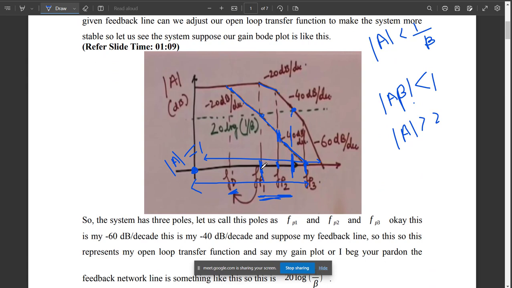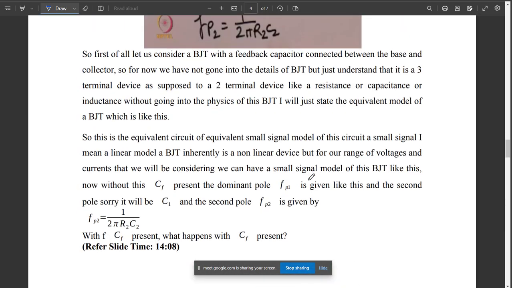Using Miller compensation, there are two pole shifts. The first pole goes till here, and there is a new pole, FP2, that also shifts to FP2 dash, something like this, right?